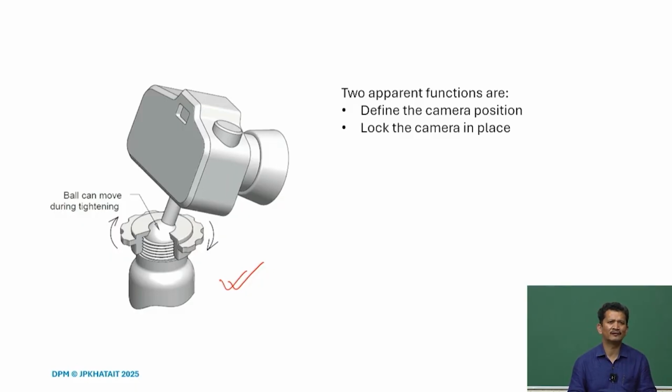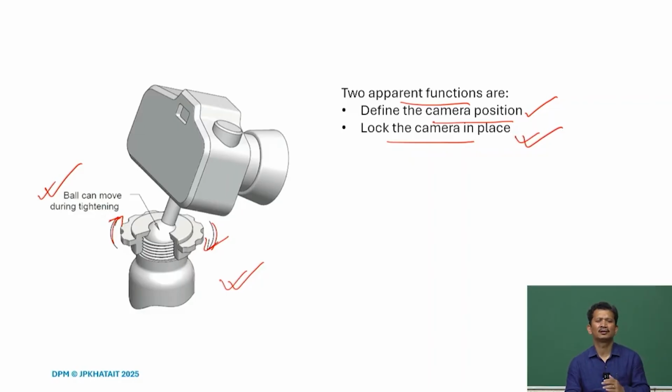But we can see this kind of tripod where we have this ball, and then there is a groove, and then we tighten, and we can do the orientation, we can position the camera. If you are looking at the functions, first we want to define the camera position, and the second function is to lock the camera in place.